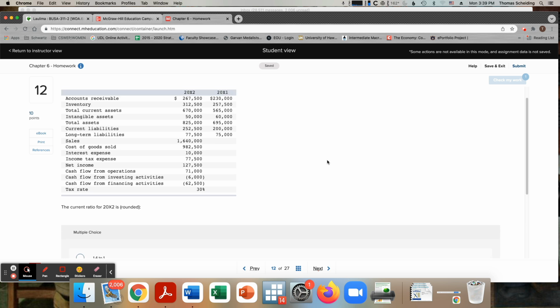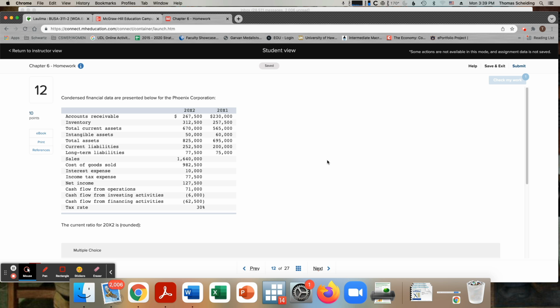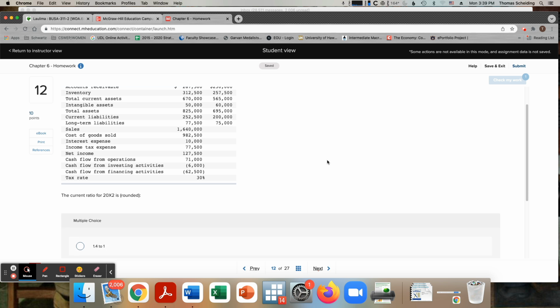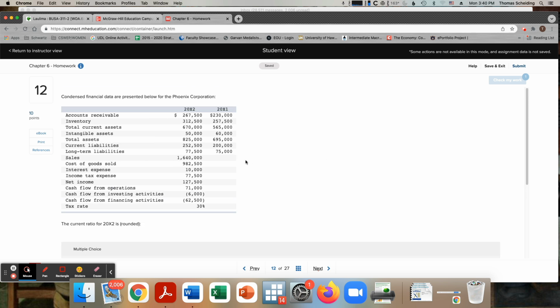Okay, we need to find the current ratio for the Phoenix Corporation. Well, this is just our current assets divided by our current liabilities. In this case, for 20x2, our assets here are 670.